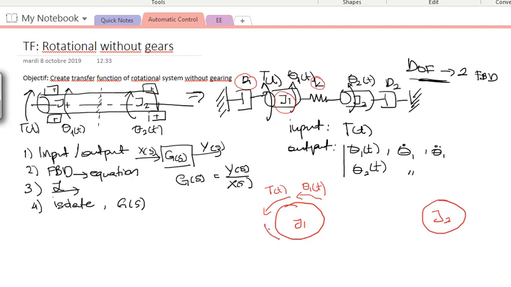So we can put them in the opposite direction. The first one would be J1, so the force created by the inertia is J1 theta 1 double dot, right?